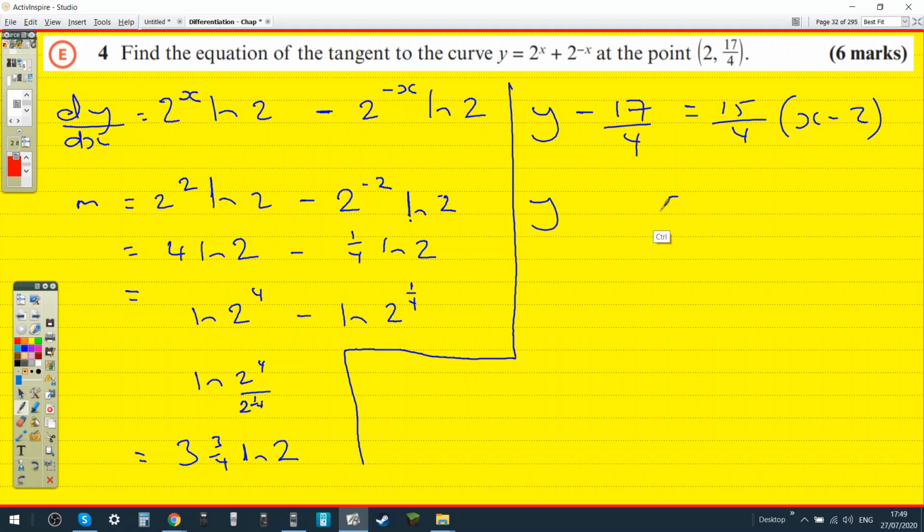Hang on. Multiply everything by 4 first, instead of at the end. 4y minus 17 is equal to 15x minus 2.